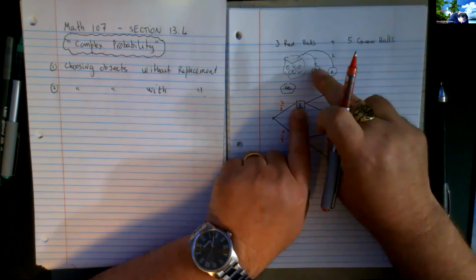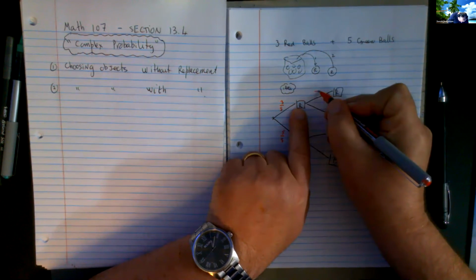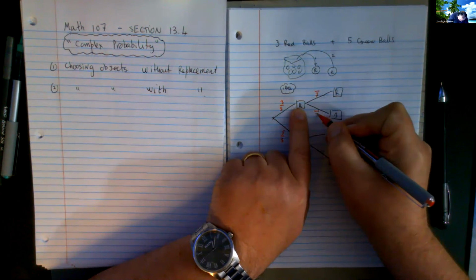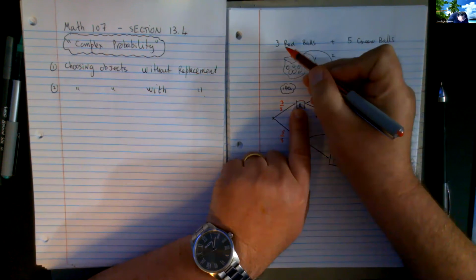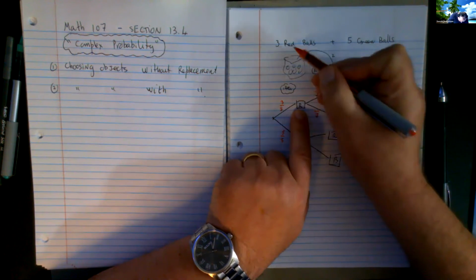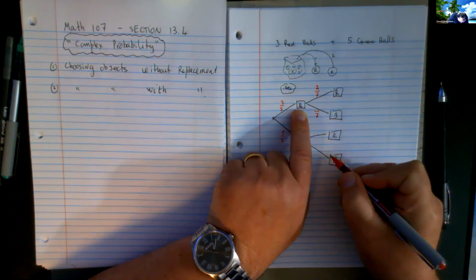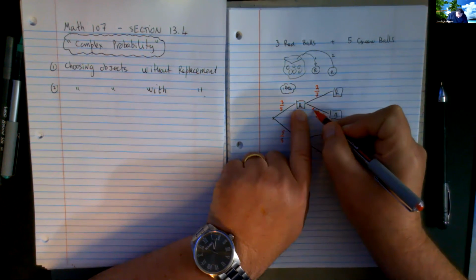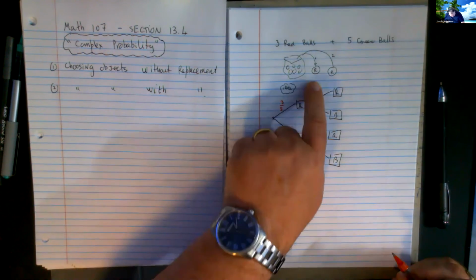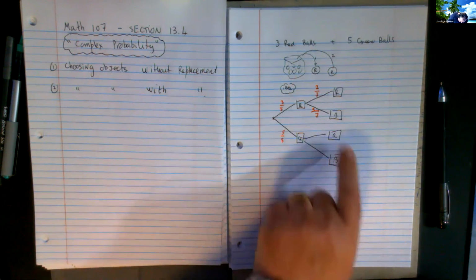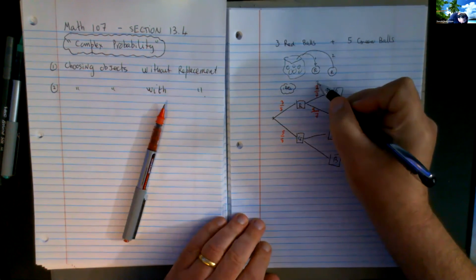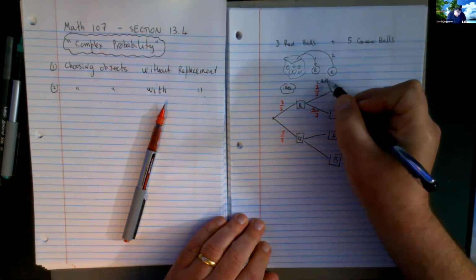It's already there. That means there's only 7 balls left in the bag. And since you've used up, in this story at least, one of the reds, the split is now only 2 out of 7 reds and 5 out of 7 greens. And those are the probabilities that the second ball could be red or green.